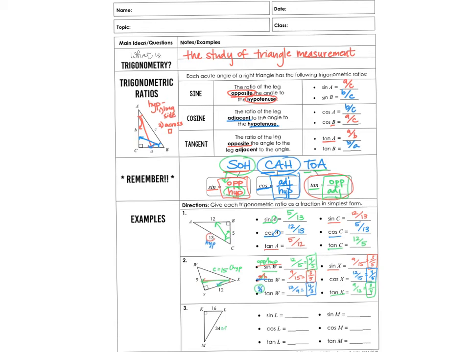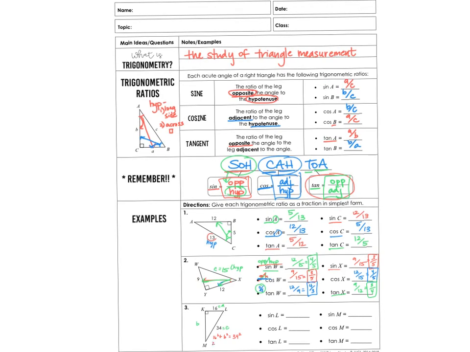So this has got to be C. I'm going to make this one A, and we'll make this side length B. So let's find B. You've got A squared, so 16 squared, plus B squared equals C squared, which is 34 squared. 16 squared is 256, plus B squared equals 34 squared, which is 1,156.